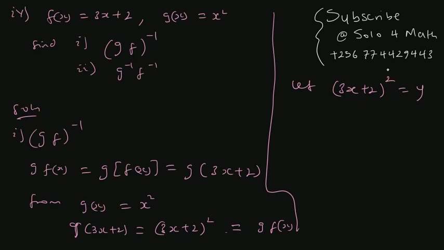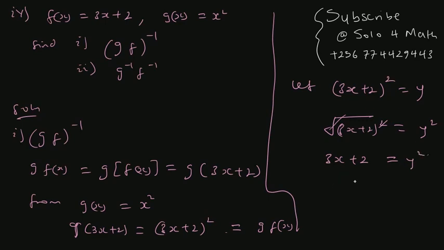I'll start by removing this square by square rooting both sides, so that the square goes away, and we remain with 3x + 2 equals the square root of y.